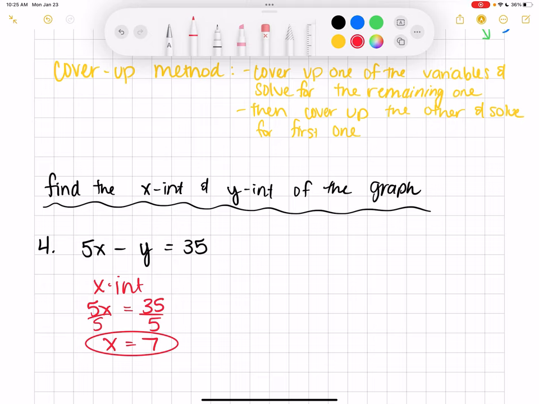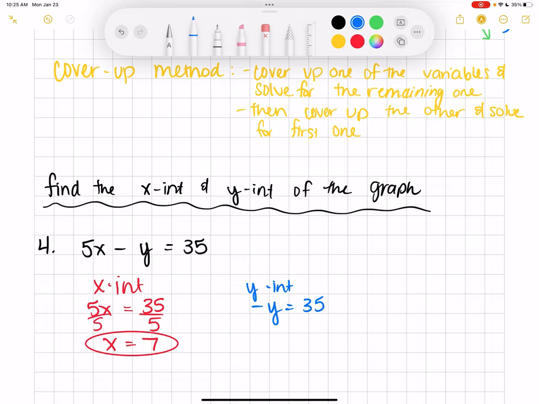So now I'm solving the equation negative y is equal to 35. How do I get y by itself? It's like negative 1 times y.